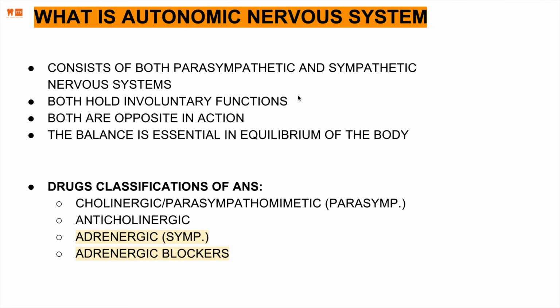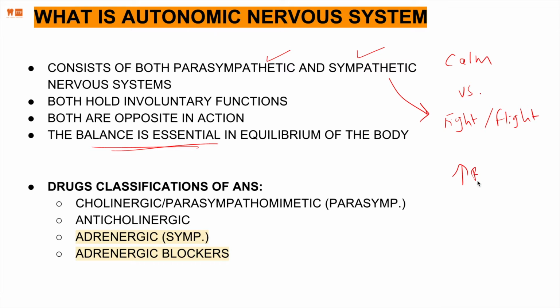Now, what is the autonomic nervous system? It is a balance between the parasympathetic and sympathetic nervous systems. Remember, parasympathetic is something that keeps you calm, versus sympathetic is something that gives you the emergent response, right? The fight or flight response. And the balance between these is essential to maintain the equilibrium of the body, right? Because if, for example, the sympathetic was really high, then your heart rate and your blood pressure would always be high.